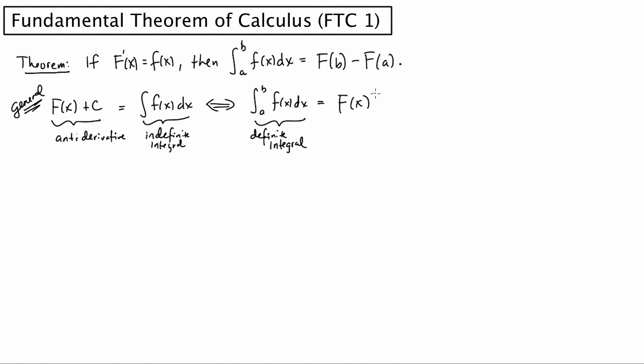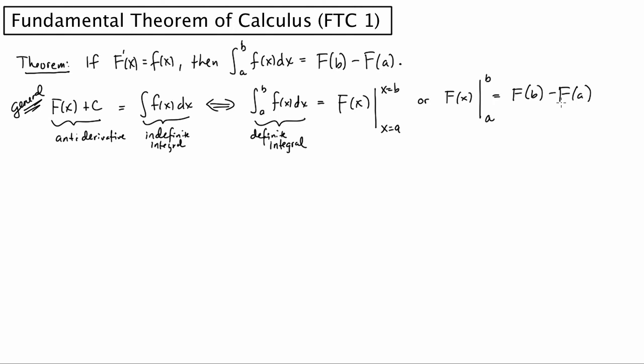And so we want to use this notation. Oftentimes you'll see x equal a, x equal b, or simply just F of x evaluated from a to b, where it's understood that these are a to b, and that this is equal to F of b, so you evaluate the antiderivative at the top limit, minus you evaluate the antiderivative at the bottom limit.